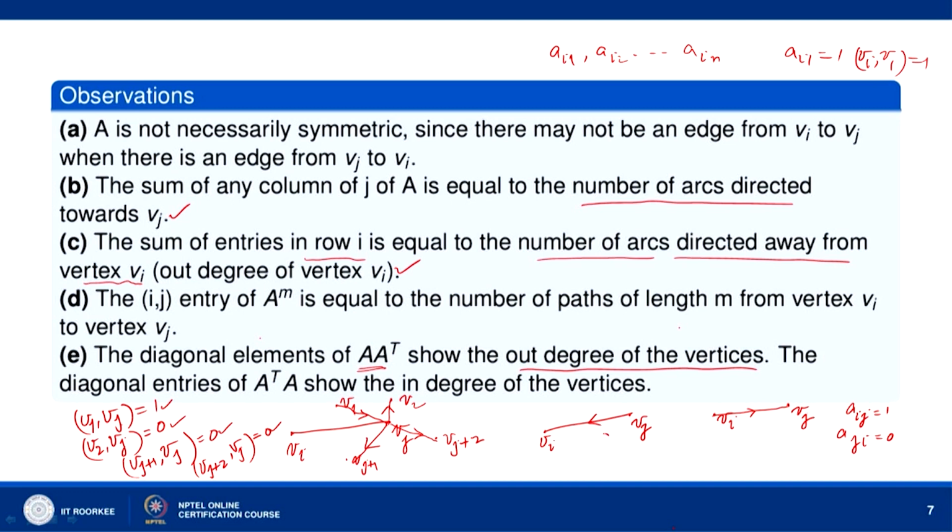Let us see, we have the ith row ai1, ai2, and so on.